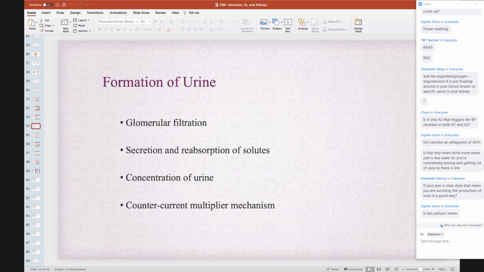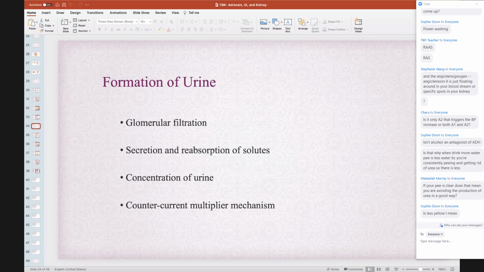But rather than reabsorb that water, because we have so much, and we have such dilute solute levels in the blood, we're going to pee out less solute, pee out more water. So that's why when you're super, super hydrated, drink a lot of water, your urine becomes clear.